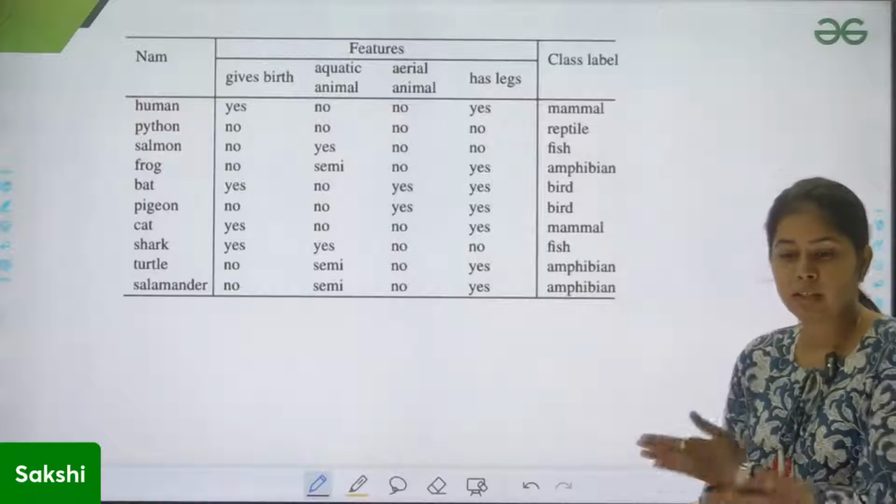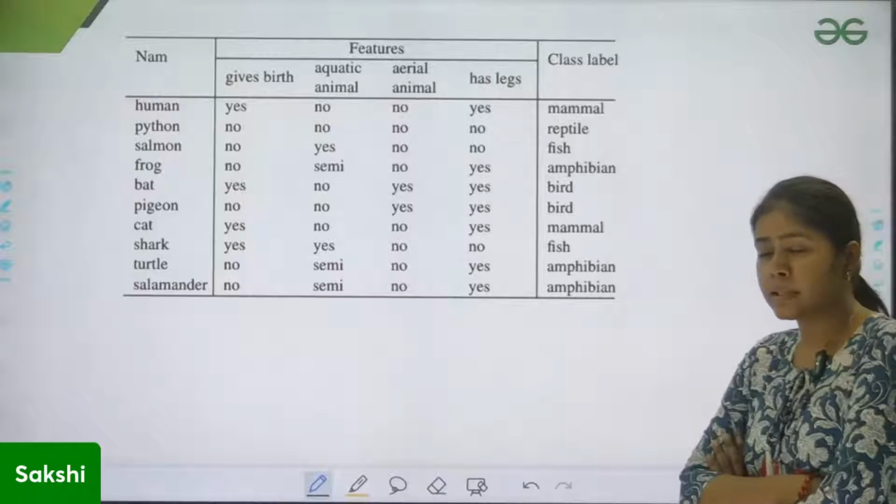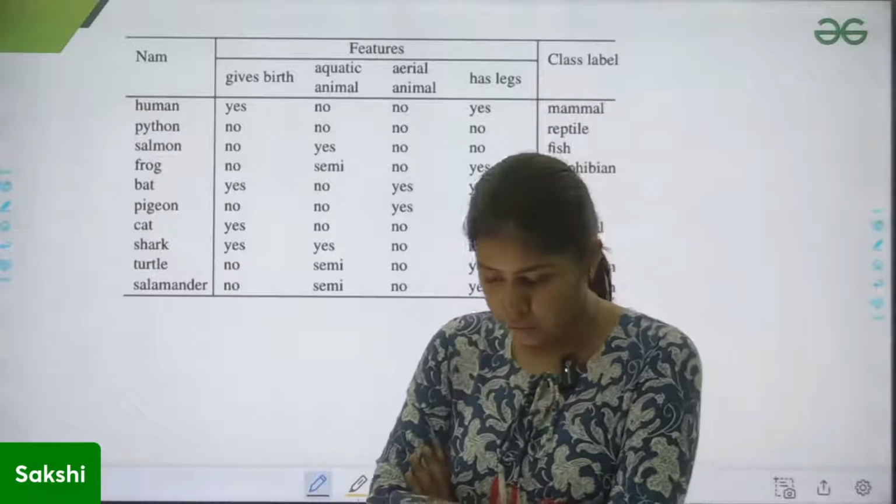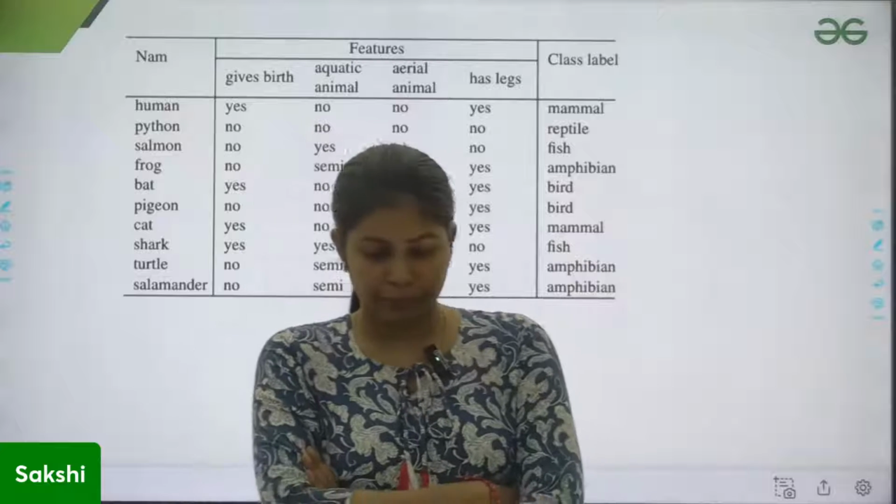And guys, if there is any confusion in the decision tree, you can ask me in the chat section.